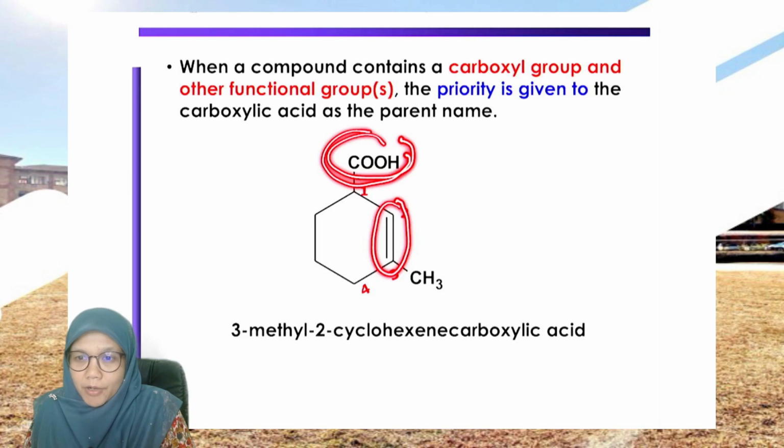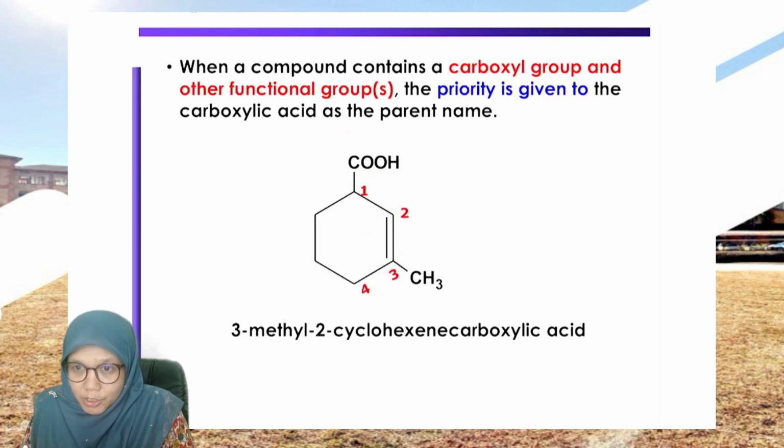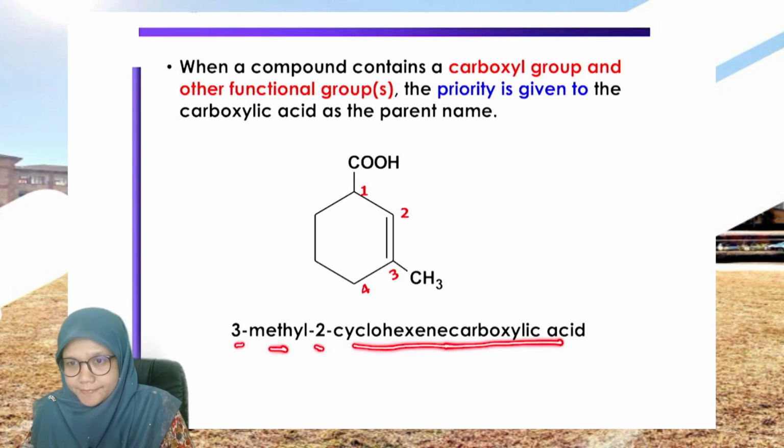Carbon here will be carbon number 1. So, this carbon is going to be number 2, number 3. At carbon number 3, we have methyl. At carbon number 2, we have carbon-carbon double bond. So, name of this compound is 3-methyl-2-cyclohexene carboxylic acid.